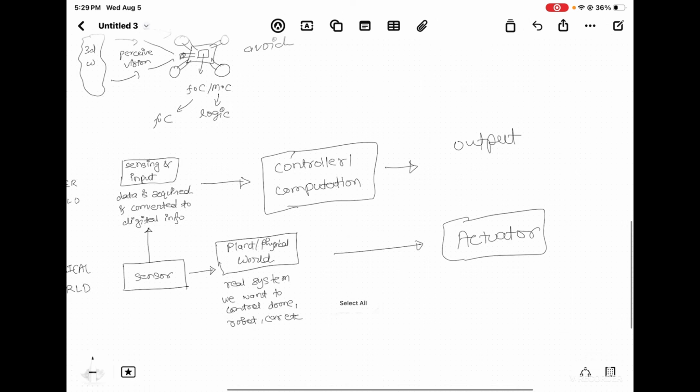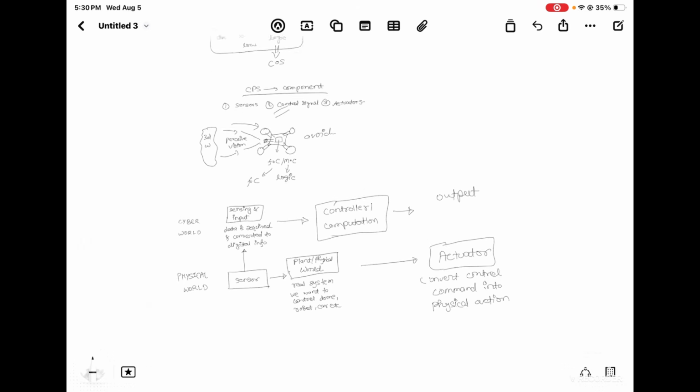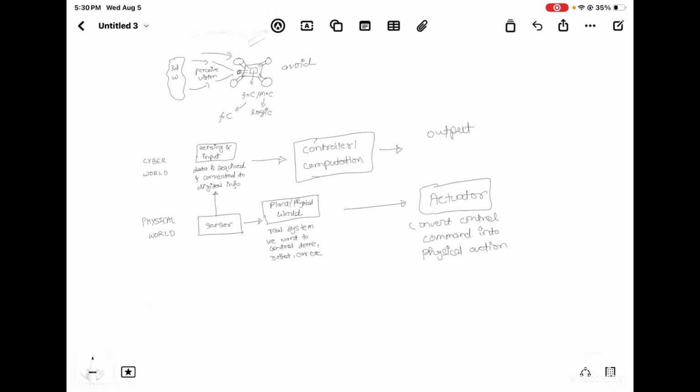And on the physical plant it performs something, which is done using the actuator. What the actuator does is convert control commands into physical action. So what commands we get from this output, the actuator performs the physical command. For the drone example, it's avoidance.